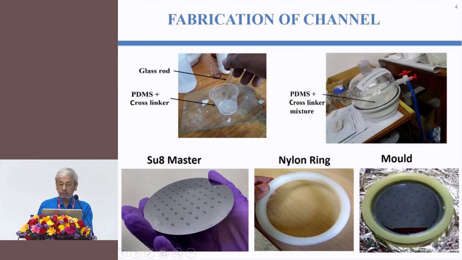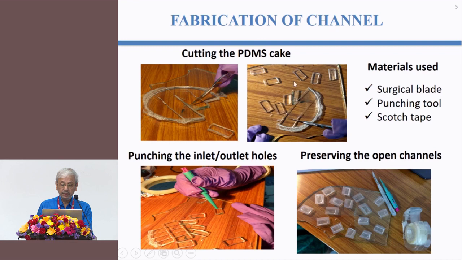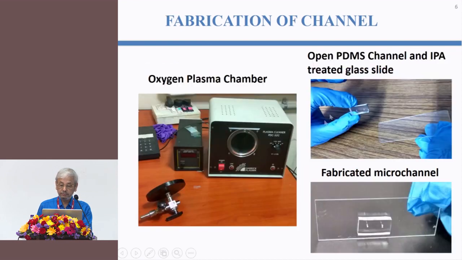Then with cross linkers, PDMS is deposited. Then these PDMS pieces, through which these channels pass, are separated out, and you can see here this is the inlet hole, this is the outlet hole, and through this the microchannel is there, which has a diameter of 7 micron.